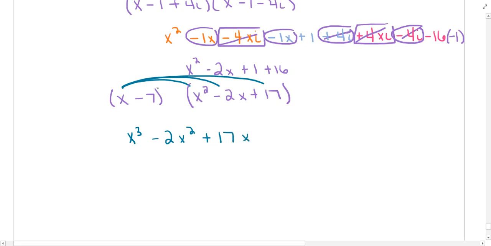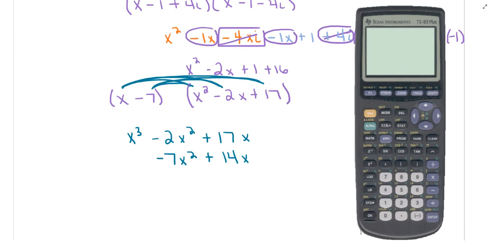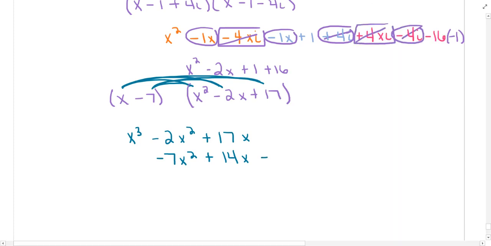Okay, then we'll do the negative 7. So negative 7 times x squared, negative 7x squared. Negative 7 times negative 2x will give us a positive 14x. Negative 7 times positive 17 is going to be negative 119.